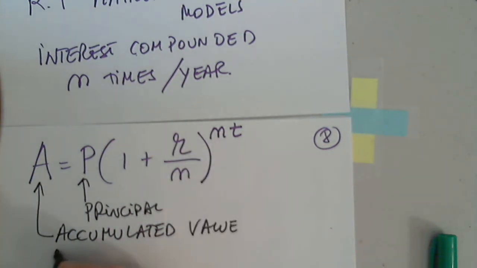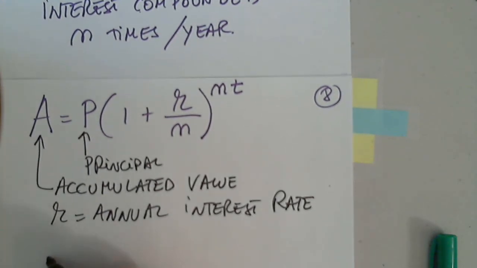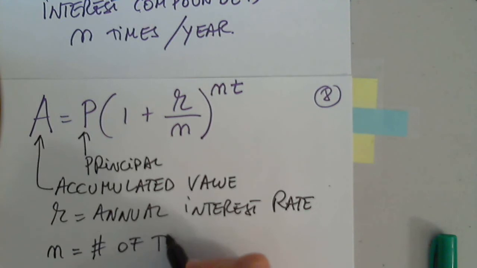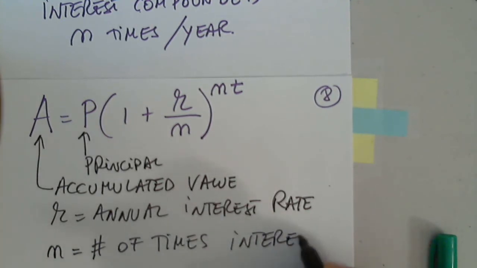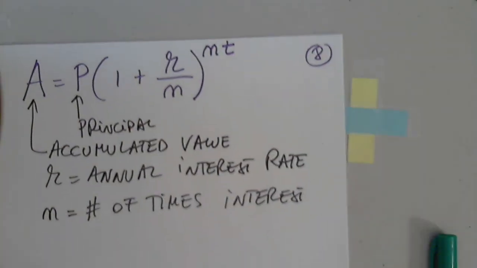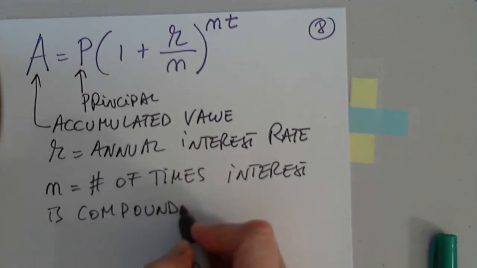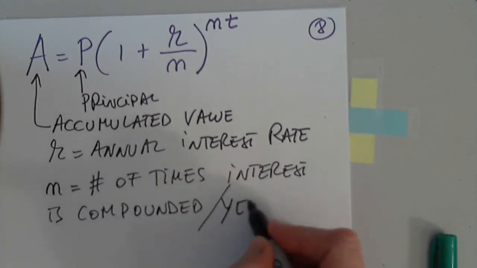Lowercase r, annual interest rate. Lowercase n, number of times interest is compounded, recalculated, per year.